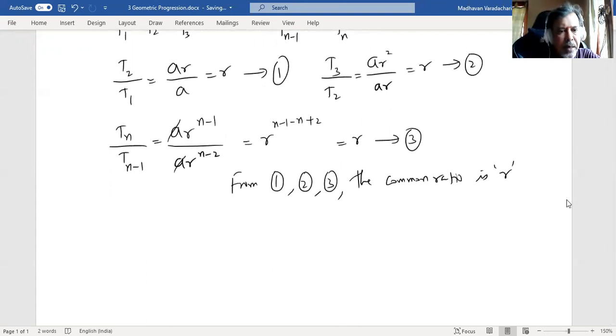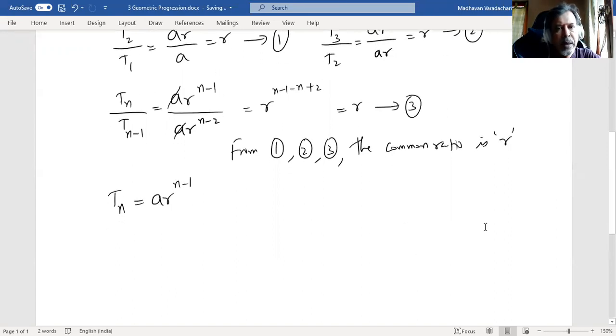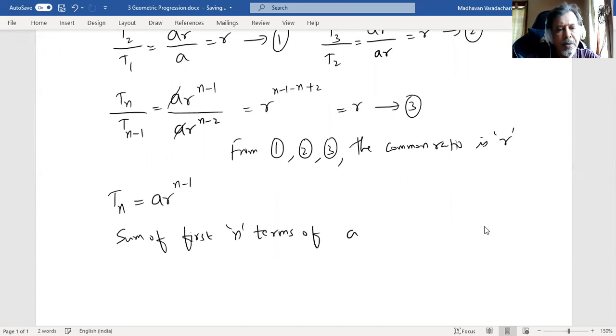So we can say the nth term of a GP is AR power n minus 1. Now let us consider the sum of the first n terms of a geometric progression. We'll call that Sn.